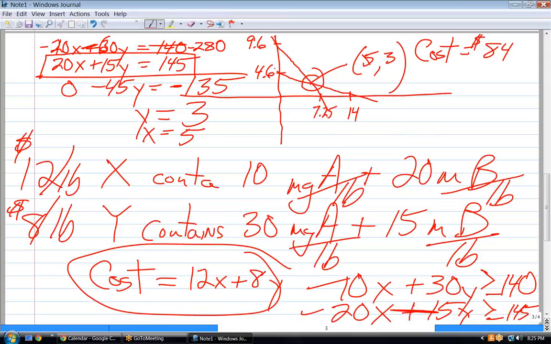In other words, we need to examine each of these points, that point, and that point, to determine what might be the lowest cost. Okay. So what's 7.25 times 12?